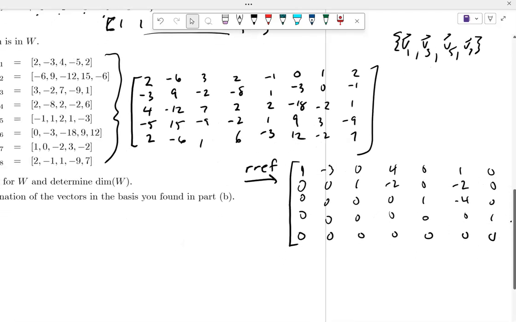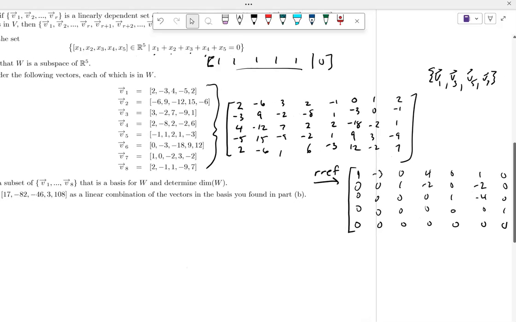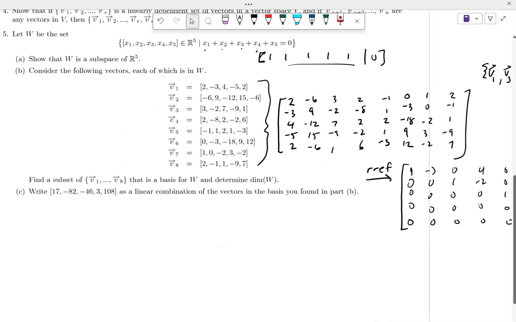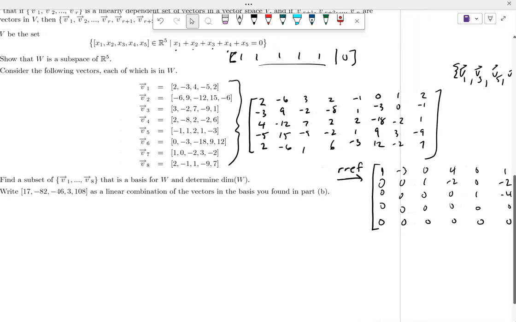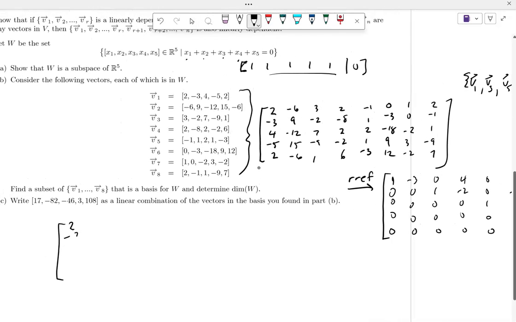Then just one little quick review, just to make sure that we're all on the same page. Notice the last part says, find the coordinates with respect to the bases. How would I do that? Augment it with the 4 vectors that we just came up with, right? So you would take your 2, -3, 4, -5, 2, your -6, 9, -12, 15, -6.